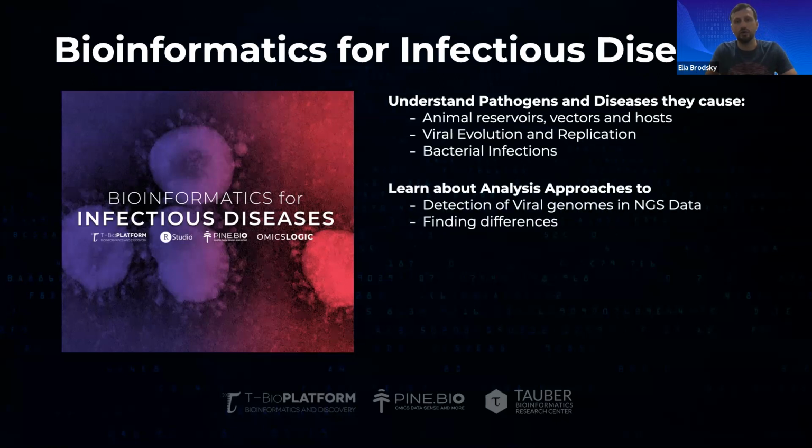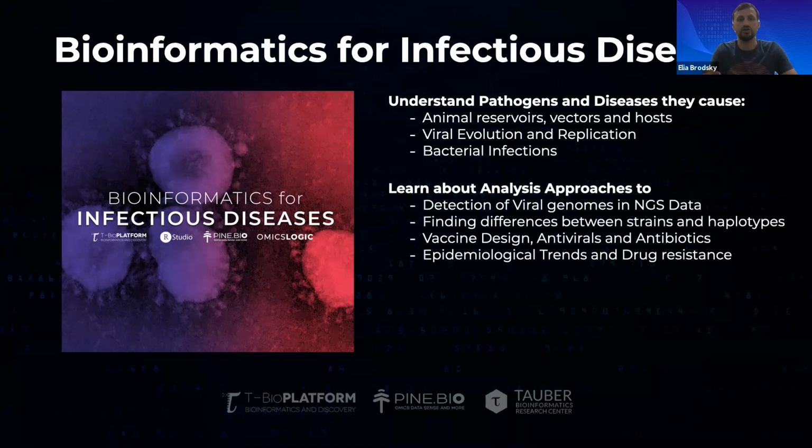We also talked a lot about how to collect genomic, transcriptomic, and metagenomic data that help us understand and contextualize disease, and apply that to the questions arising about the emergence and the intervention of these diseases, including vaccine design, antiviral drug design, and antibiotic resistance, as well as epidemiological trends and drug resistance.